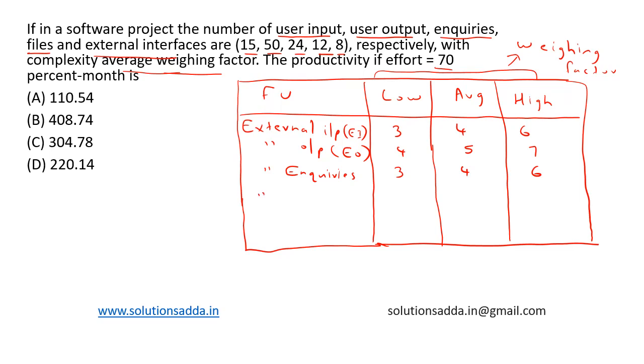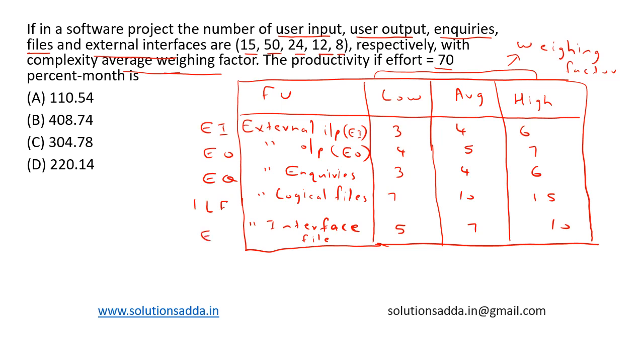For external logical files, it is 7, 10, and 15. And for external interface file, it is 5, 7, 10. This is EI, this is EO, this is EQ, this is ILF, and this is EIF. This is how it is denoted.